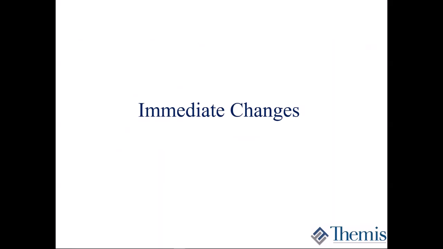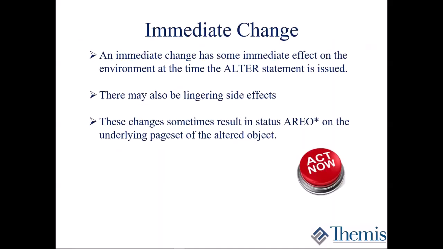Prior to version 10, every alter that you would do was an immediate change, meaning there was some kind of immediate impact to either the Db2 catalog or the underlying page set that took effect immediately. It didn't necessarily mean that there were no lingering side effects. In other words, you could do an alter.